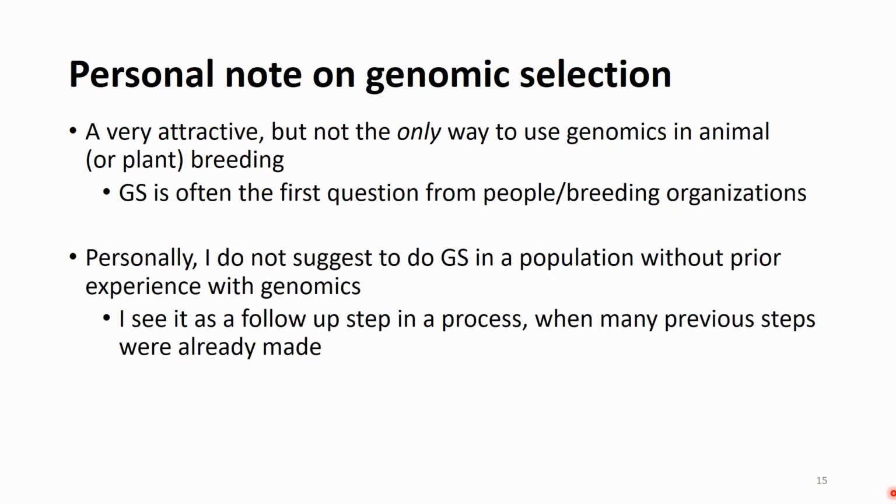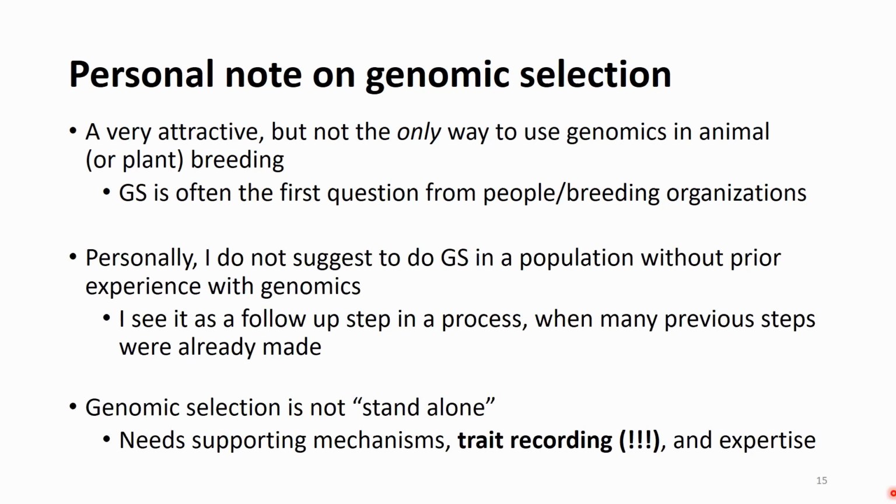My personal opinion is that some kind of prior experience is required with genomics before going into genomic selection. Because, and again, this is my personal view, I see genomic selection as a follow-up step in a process when many steps were taken before.